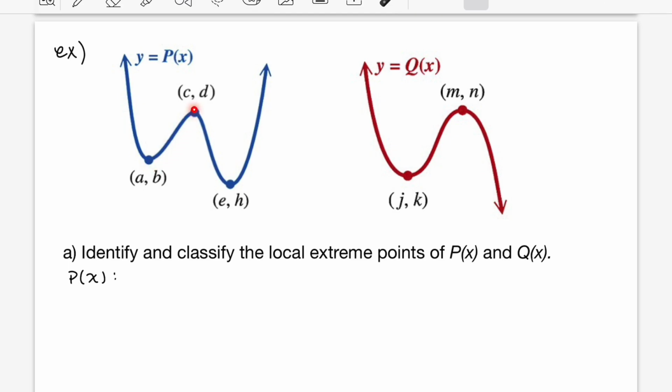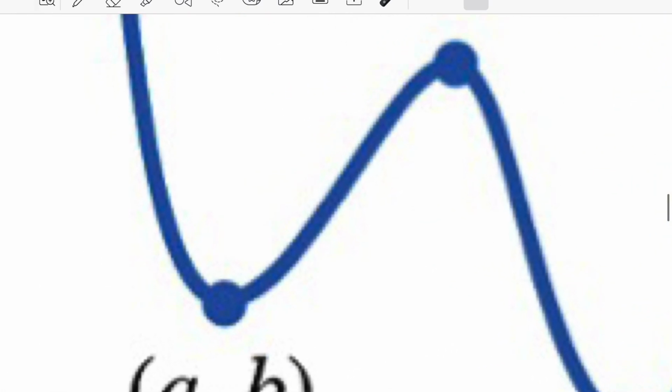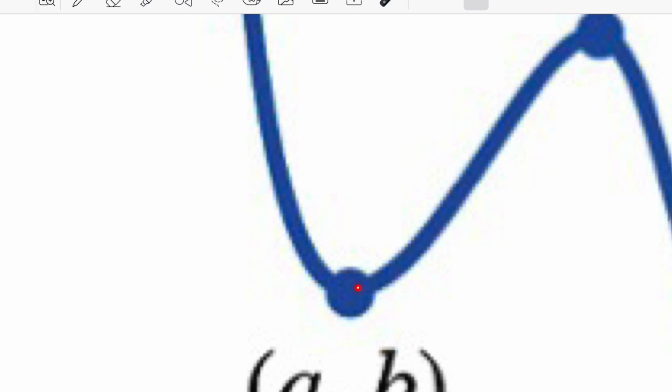Looking at this guy, we see that we have two local minimum points, AB and EH here, because you can think of it as like zooming in on this graph. For all X values that are near this point here, this is going to be the smallest value, right? So all X values as we get super close to this point, this is going to be the smallest one. And same for this one.